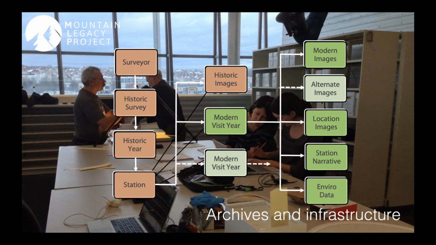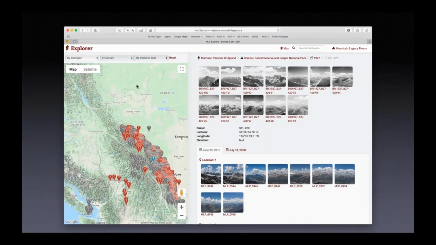I'll come to that in a few moments. But I just want to highlight that our images are big, both the historic and the repeat ones, about 1.3 gigabytes per image pair. So we are dealing with what can be described as a computationally demanding project in terms of serving out resources. A lot of our resources get served out through something called Mountain Legacy Explorer, which is a website that spatially locates all of the imagery that we have.